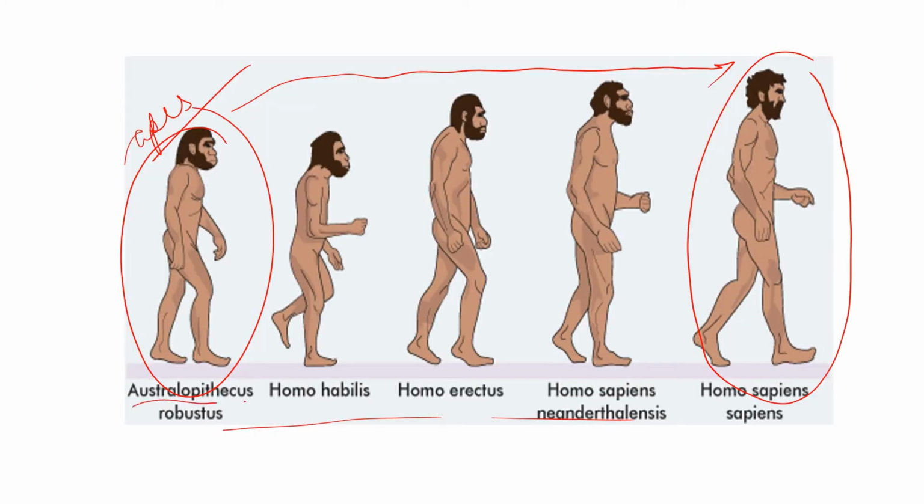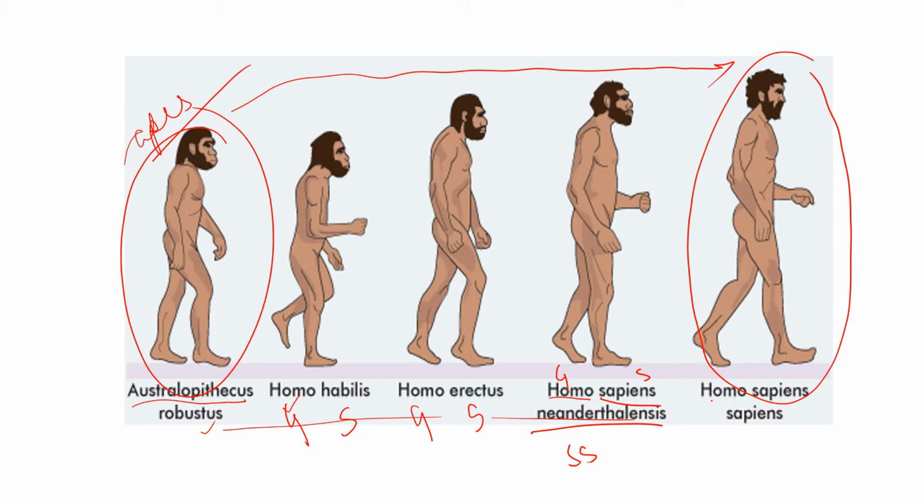Now let's see new species. Can you see this is the genus Australopithecus and robustus. Australopithecus is the genus and robustus is the species. Then we come to Homo habilis. Homo is the genus and habilis is the species. Homo erectus, Homo is the genus, erectus is the species. Homo sapiens neanderthalis: Homo is the genus, sapiens is the species, and neanderthalis is the subspecies.